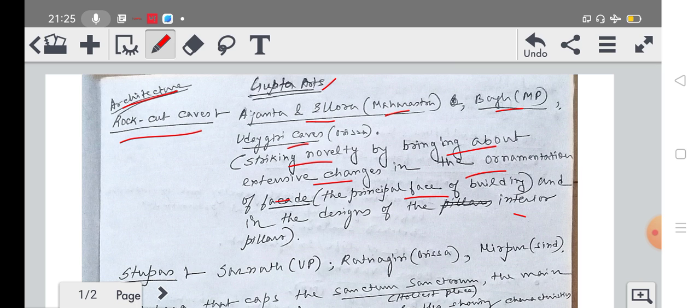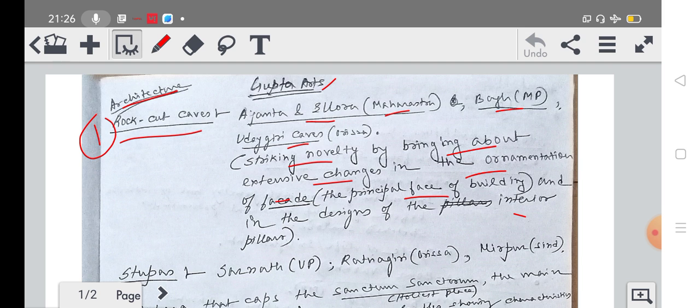So this type of architecture has been found in Udaygiri caves in Odisha. So it is the first type of architecture that is found in Gupta times, rock cut caves.